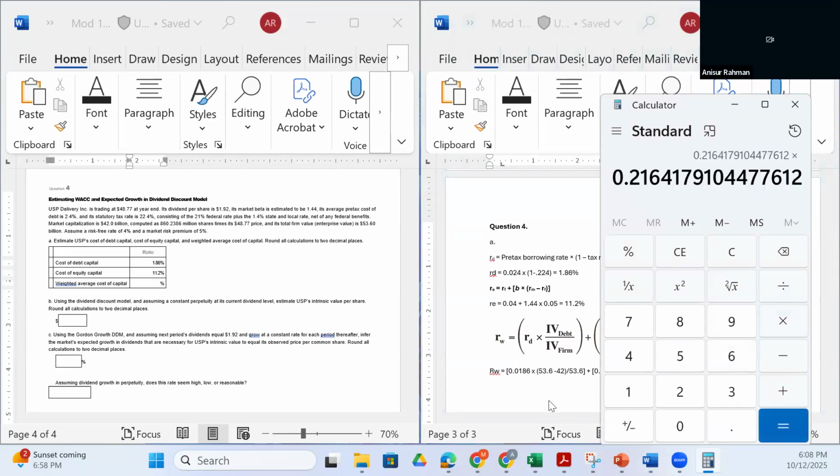This now multiply by 0.0186. So this much. I'm going to write down, it's a small number, so let's say up to 6 decimal. I'll round it to 3.